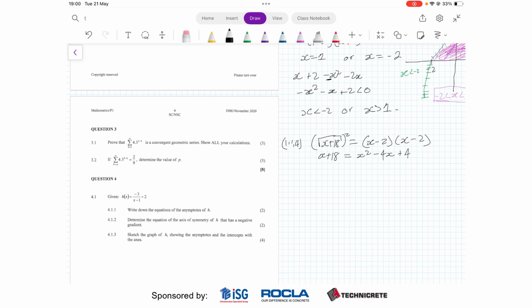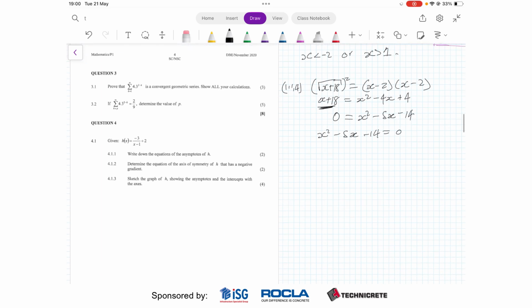Okay, now taking everything on the left hand side over to the right hand side, we have 0 equals x squared minus 5x minus 14. Now writing this in a nice and neat way that we are used to, x squared minus 5x minus 14 equals 0.